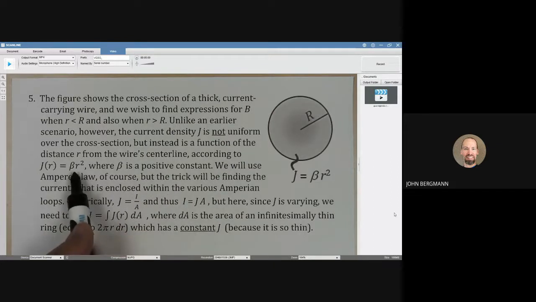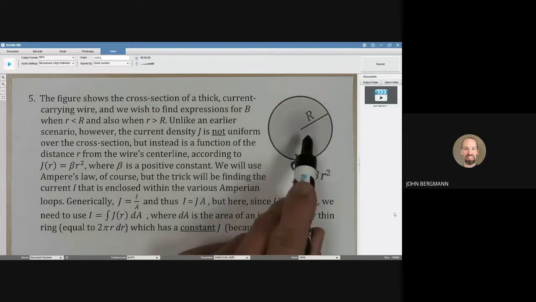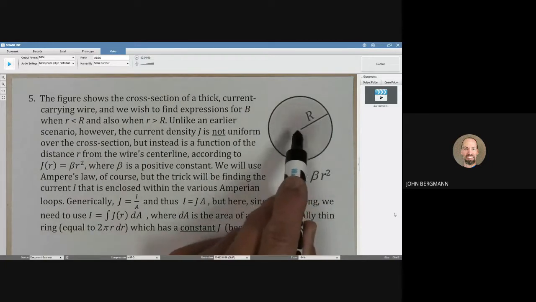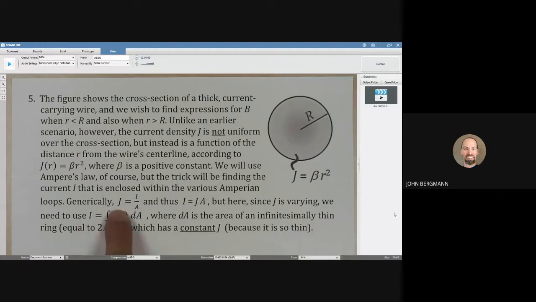What this equation is telling us is that the current density is increasing the further out we go from the center line of the wire. We will use Ampere's law, of course, but the trick will be finding the current I that is enclosed within the various Amperian loops. Generically, current density is current per area, and therefore current is going to be current density times area.